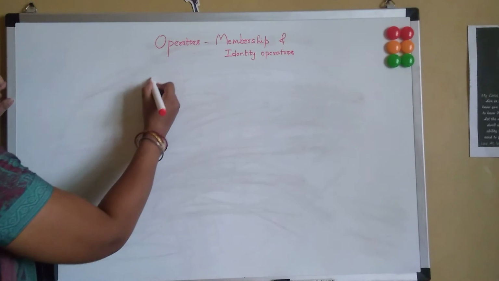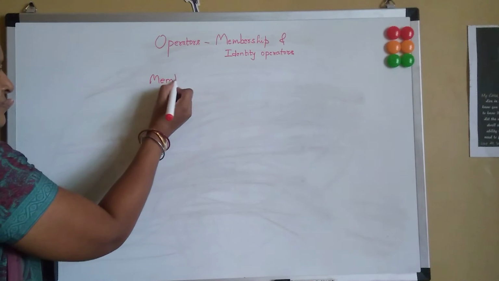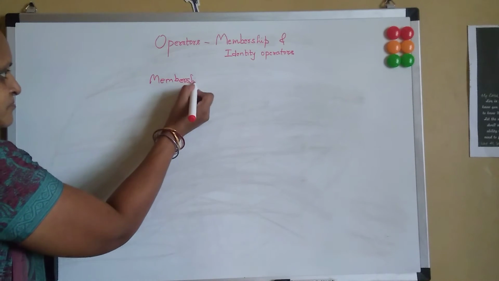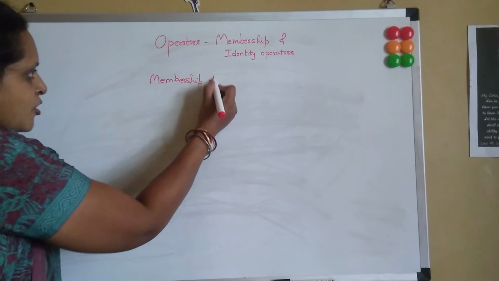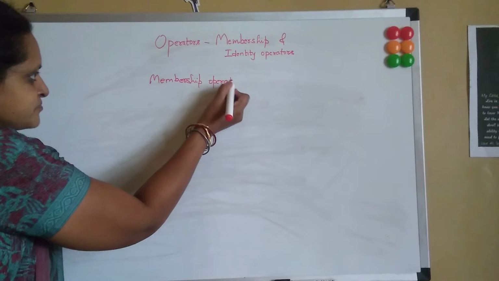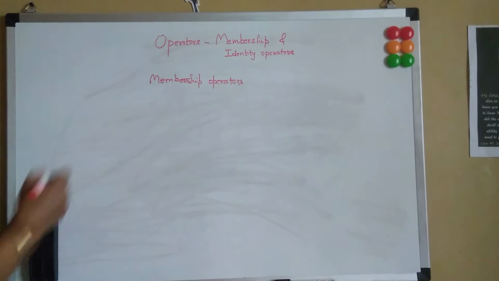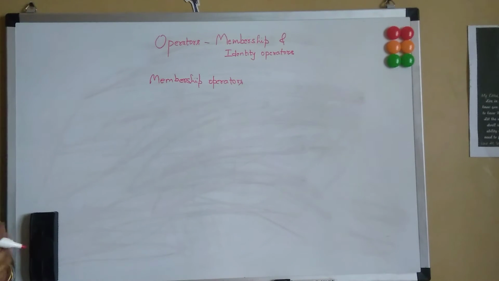So friends, what is a membership operator? The membership operator checks if a particular value is present in a sequence. The sequence in this case can be a string or a list or a tuple or a set or a dictionary.